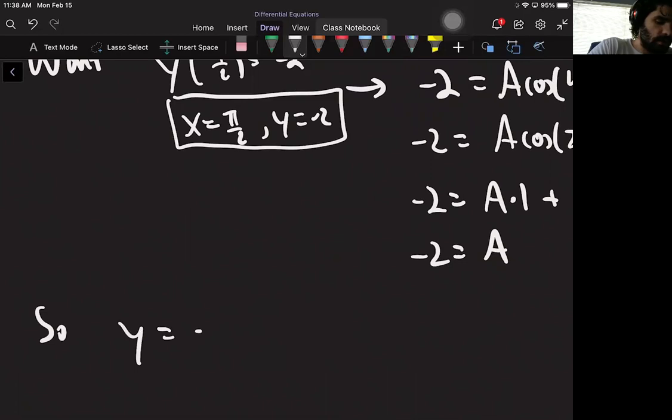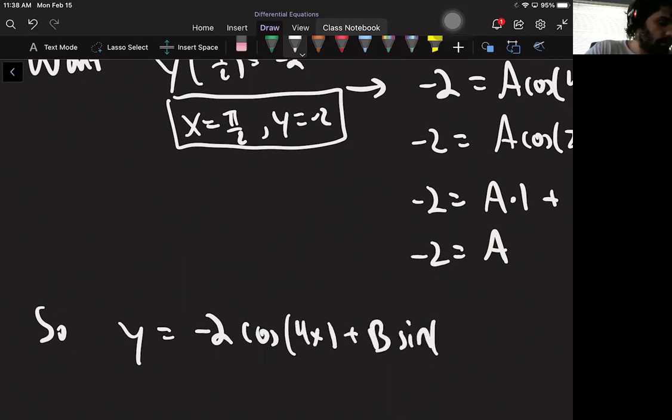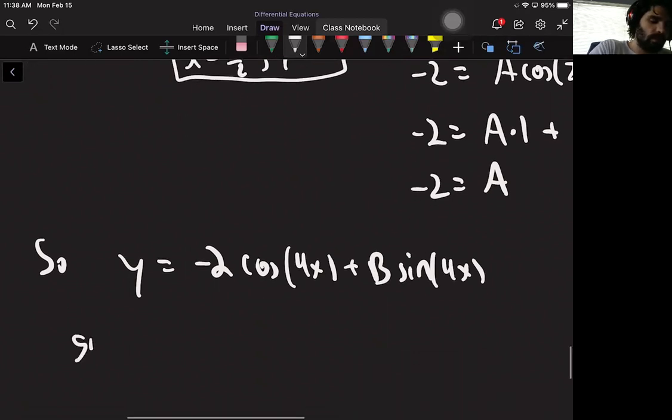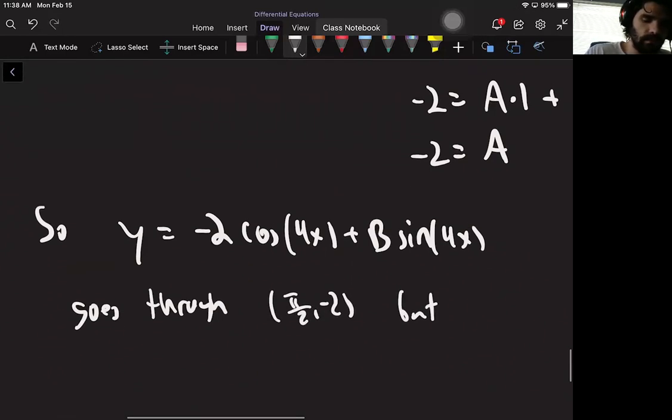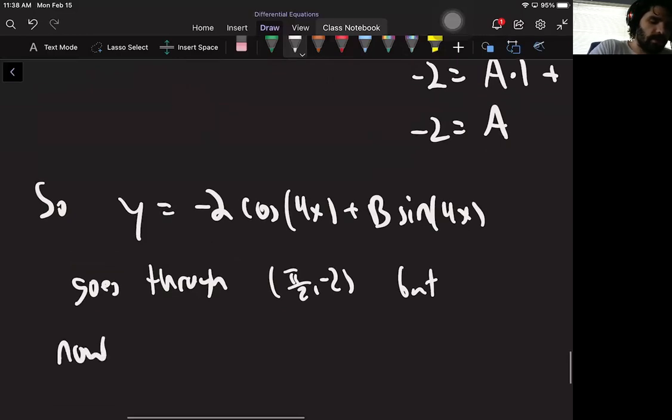So y equals -2 cosine of 4x plus b sine of 4x goes through the right point. But then notice, now it's a 1-parameter family.